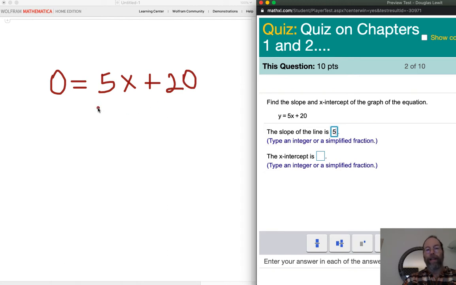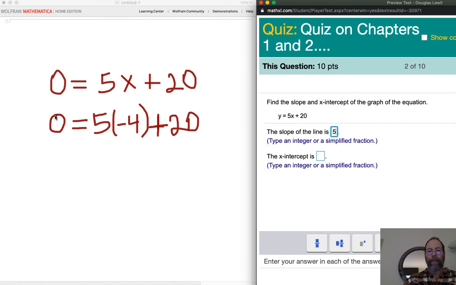I know from looking at this equation that if I have 5 times negative 4 plus 20, that gives me 0, because 5 times negative 4 is negative 20, and negative 20 plus 20 gives me 0. So the answer should be negative 4.